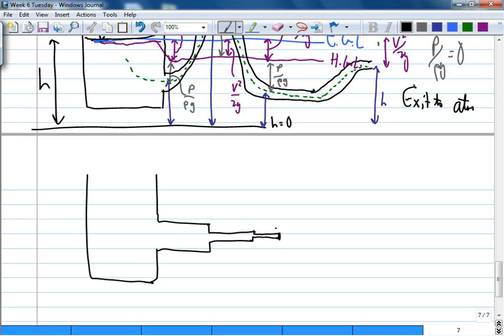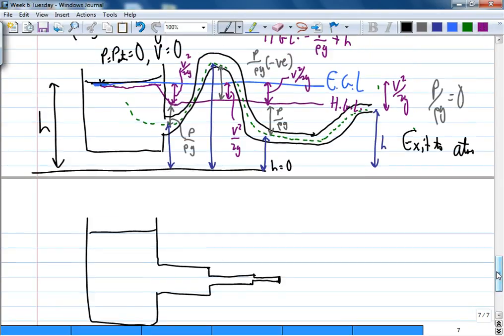Okay, here's the water level. So 3 different diameters. Again, by right, EGL should be the same.